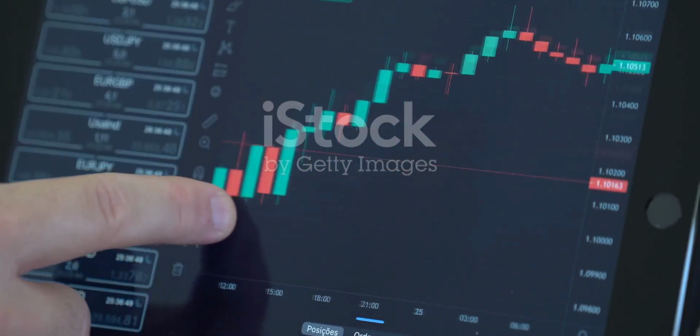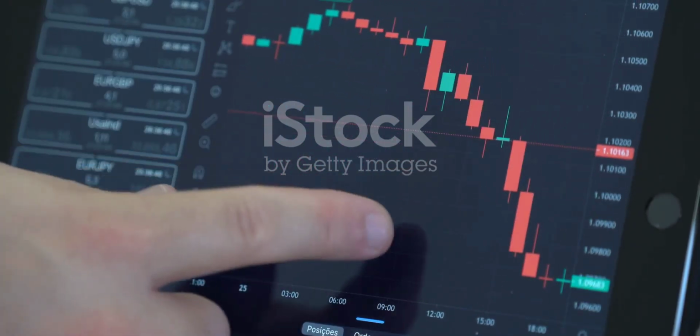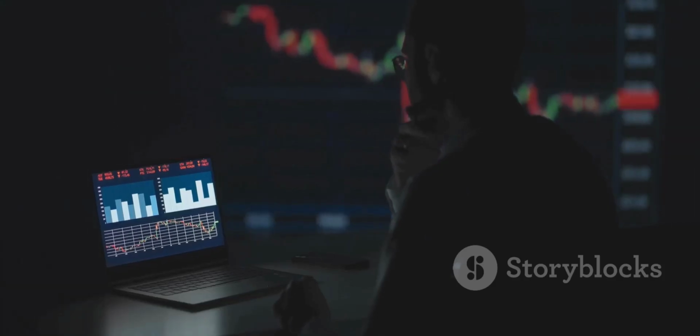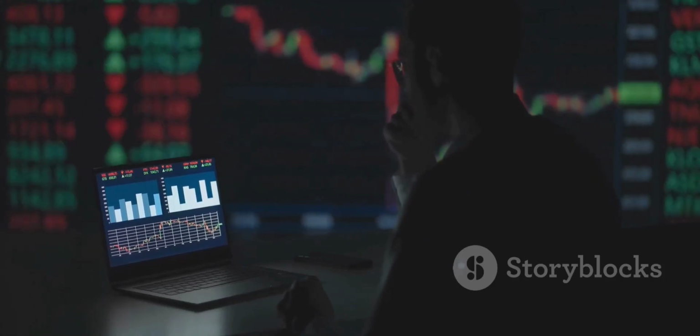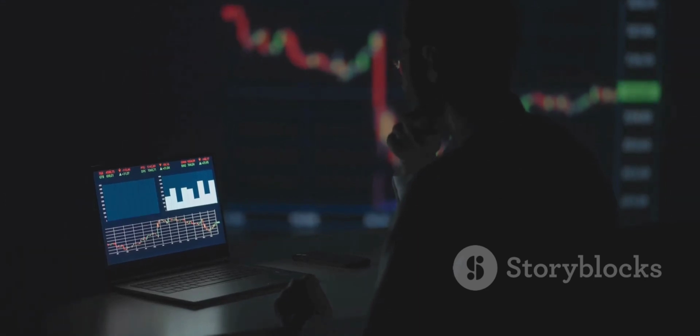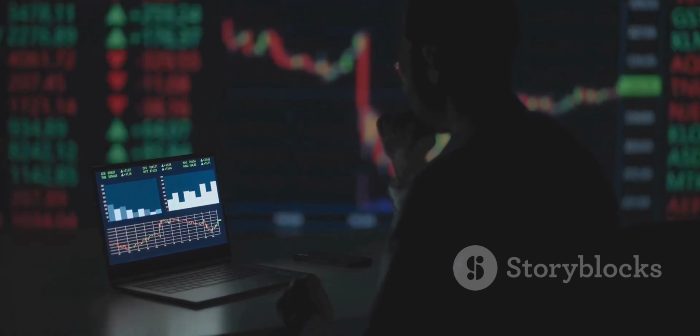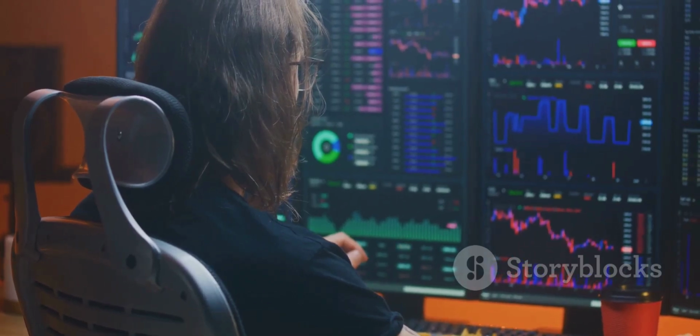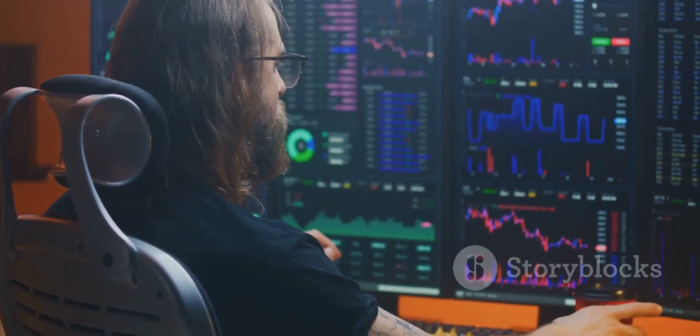This visual clarity is much easier to interpret than just looking at a simple line chart of closing prices. It provides a deeper layer of information about what happened within a specific trading period, which is invaluable for making informed decisions.